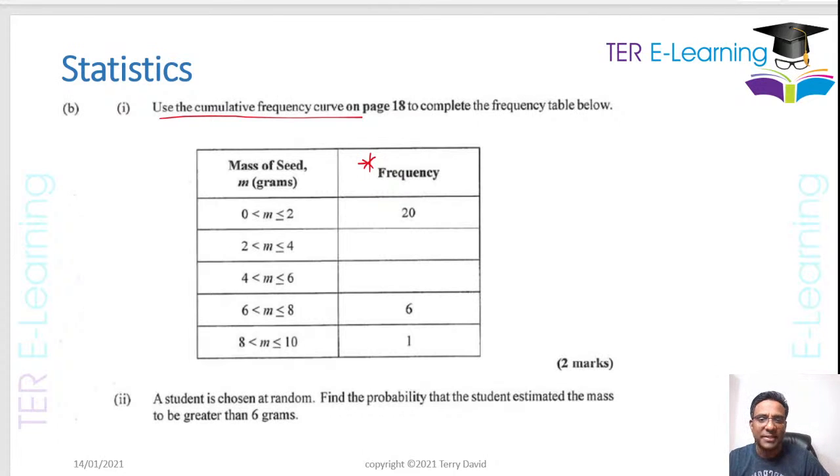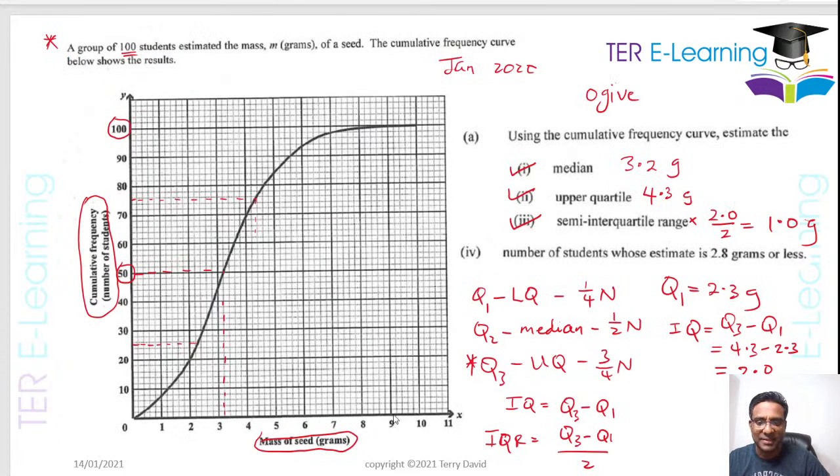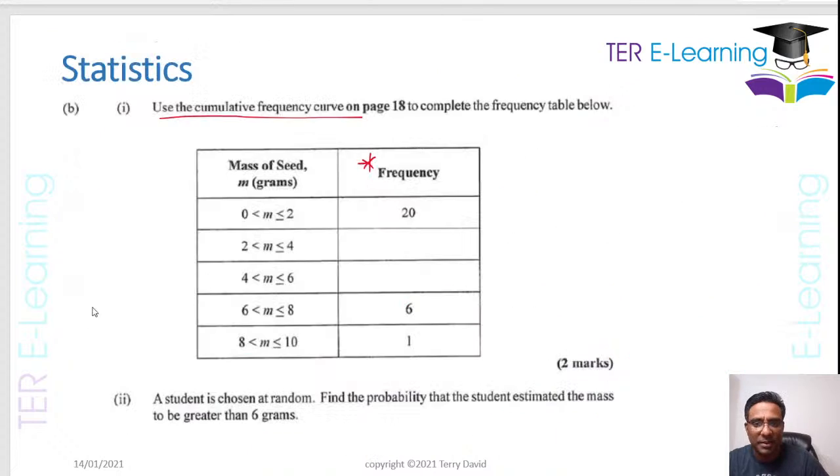Now, our cumulative frequency always gives us data that is saying less than. Just remember that. That's what the cumulative frequency curve is doing. So if I read off, let's say in my table, this first value here represents my upper class boundary, that's 2.